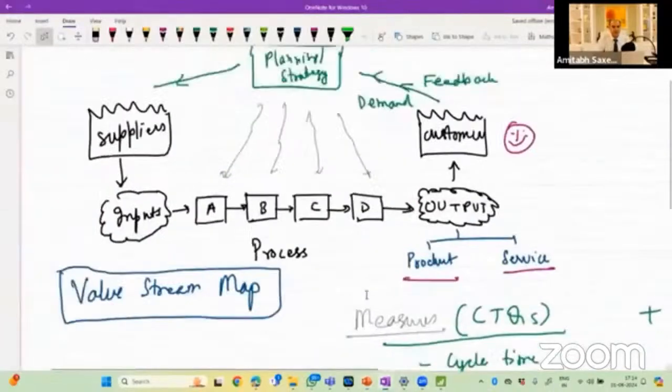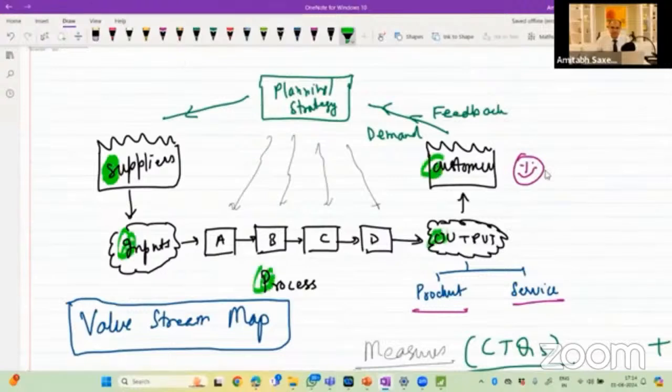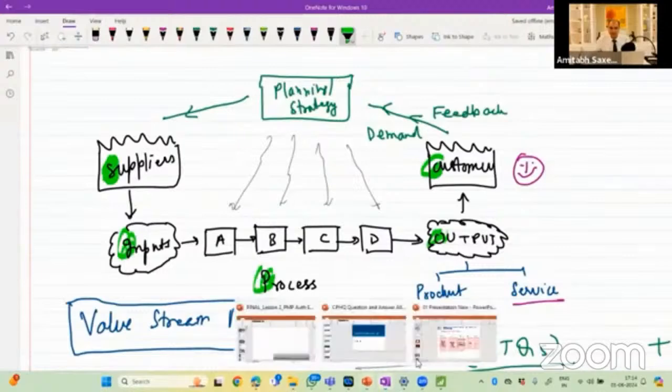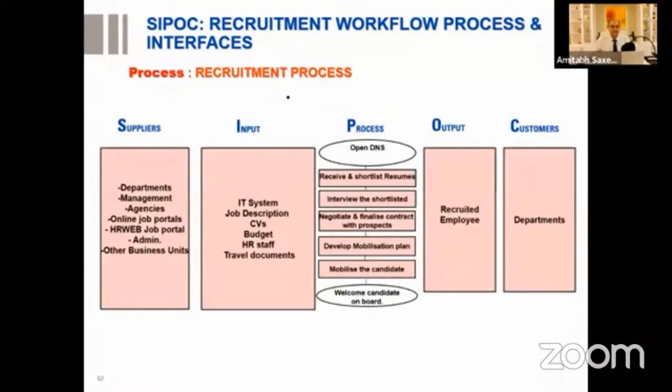If I pull out S for suppliers, I for inputs, P for process, O for outputs, and C for customers, I get what I call SIPOC. So when I'm doing a project, first I do a SIPOC: supplier, input, process, output, and customer.